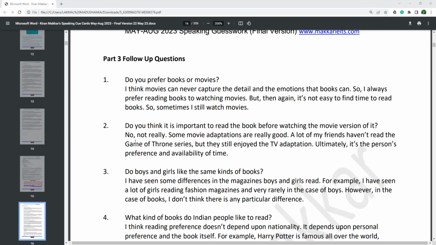Let's take this second question randomly. Do you think it's important to read the book before watching the movie version of it? Really good question. If it is me, I would say no. I don't know about you. Suppose you don't have any idea about this. Suppose you are not a person watching movies, or maybe you are not a person reading books, but you are watching movies.